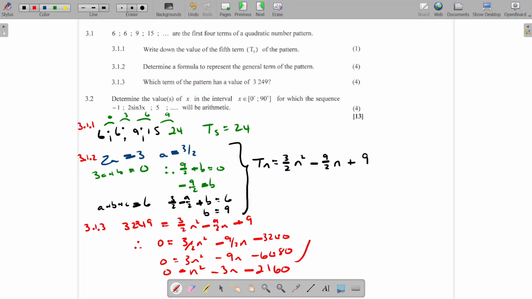So n equals 48 or n equals minus 45. We can realize that this one here is not valid. So we know that T48 has a value of 3,249.